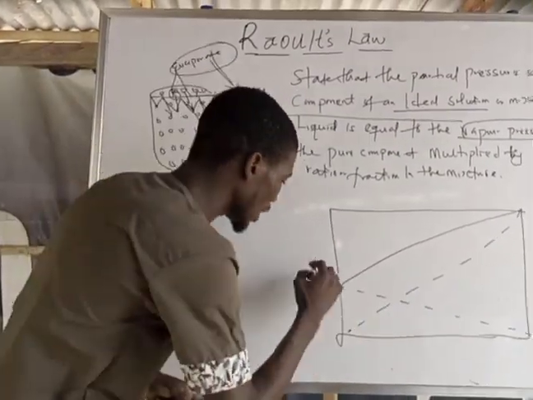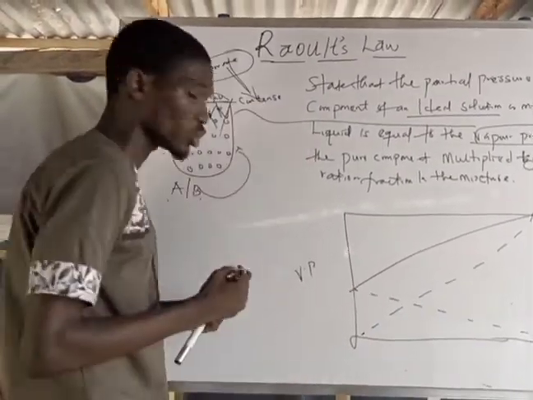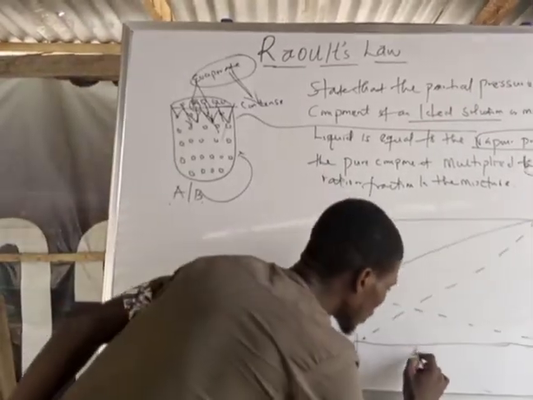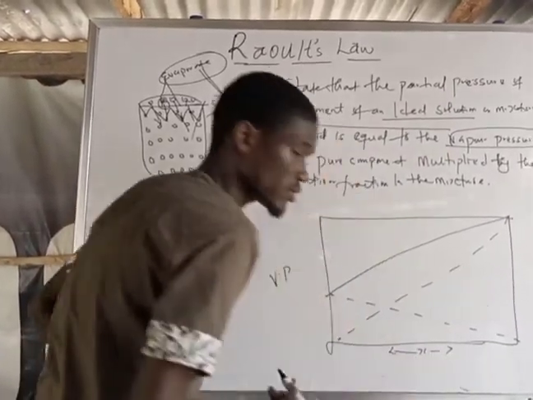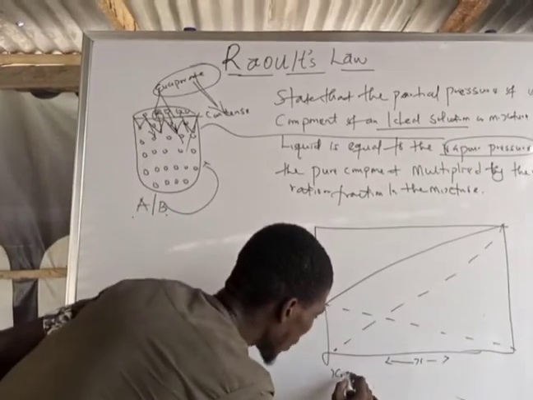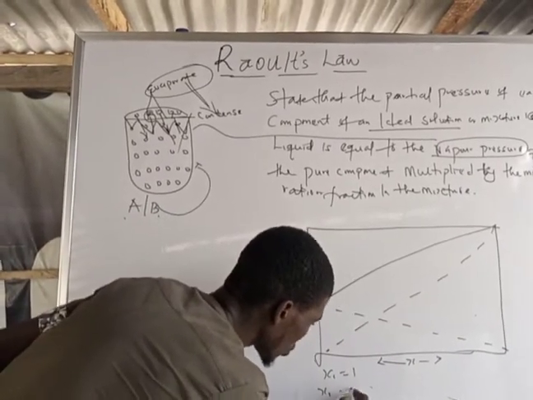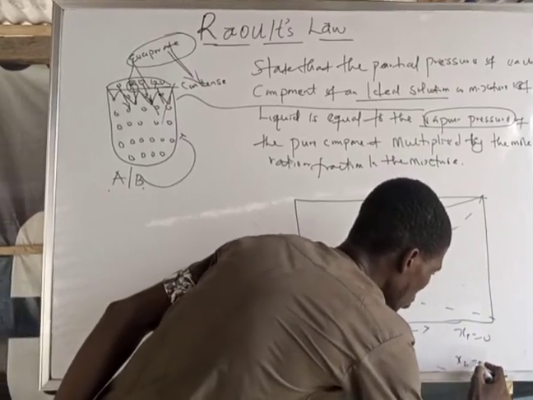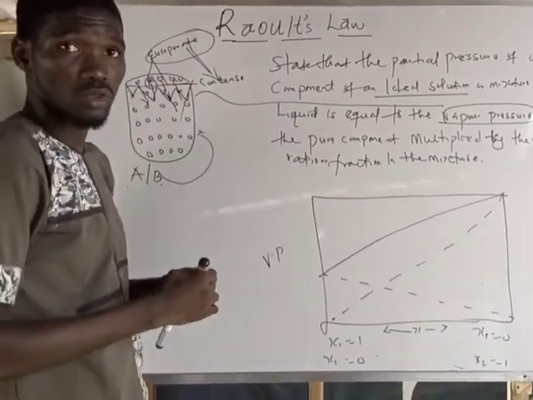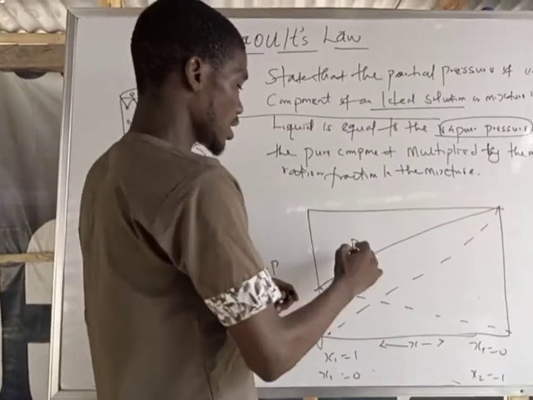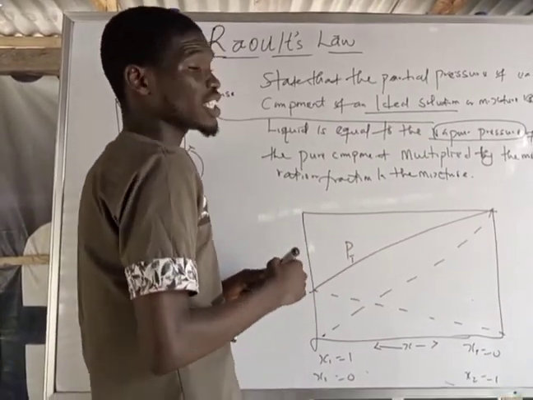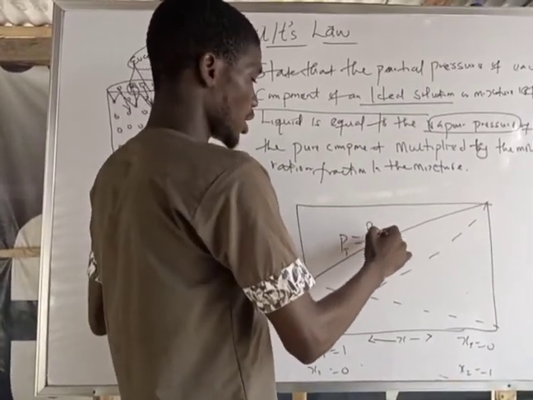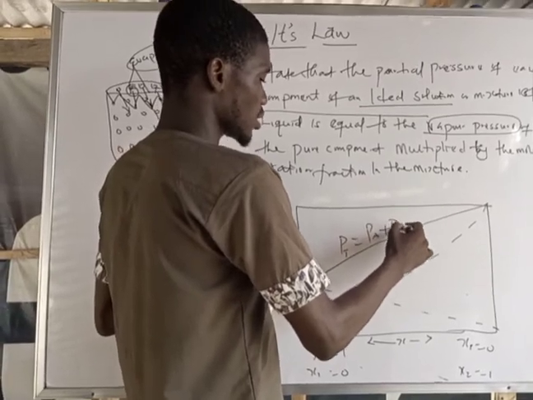This here is the vapor pressure, and here I have my x. So x1 is equal to 1, x2 is equal to 0, x1 is equal to 0, x2 is equal to 1. Now I have my total pressure to be PA plus PB.